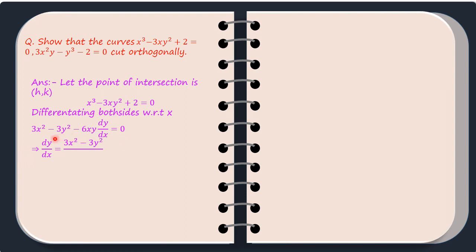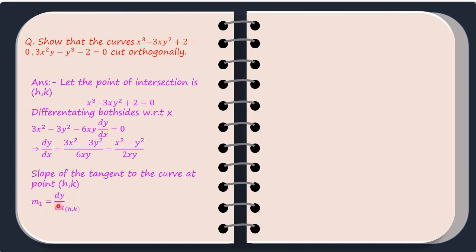So from here we can find dy/dx is 3x square minus 3y square by 6xy. Simplify this equation, you will find x square minus y square by 2xy. So the slope of the tangent to this curve x cube minus 3xy square plus 2 is equal to 0 at a point h comma k is given by m1, that is dy/dx at a point h comma k.